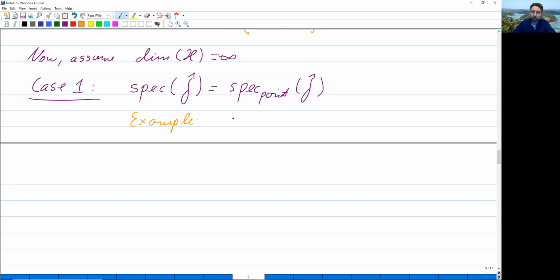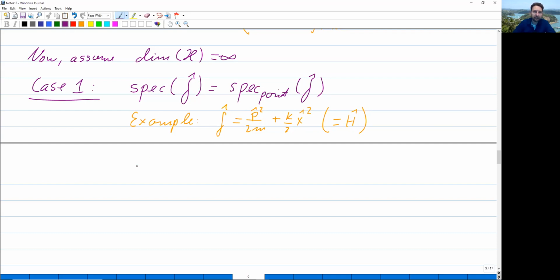An example would be f hat equal to p hat squared over 2m plus k half x hat squared. This is, of course, the Hamiltonian of the harmonic oscillator. And we know the harmonic oscillator's energy spectrum is discrete. That means that the eigenvalues of this operator are in the point spectrum, and all the eigenvectors are normalizable. That would be an example here.